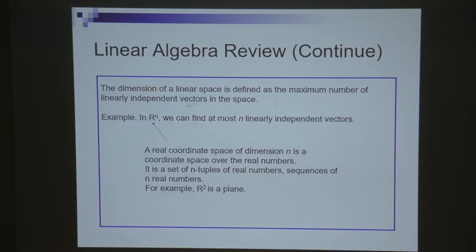The dimension of a linear space is defined as the maximum number of linearly independent vectors in the space. So if I have Rn, you can find at most n linearly independent vectors. This Rn is referred to as a real coordinate system of dimension n, which is a coordinate space over the real numbers. So when I have R squared, I'm referring to a single plane.